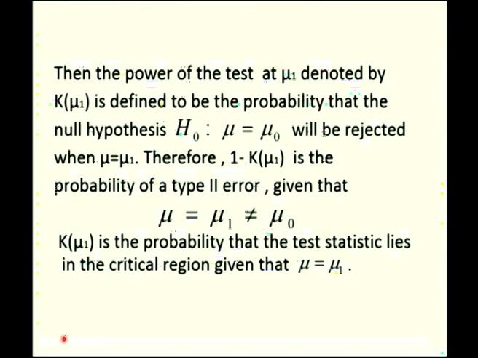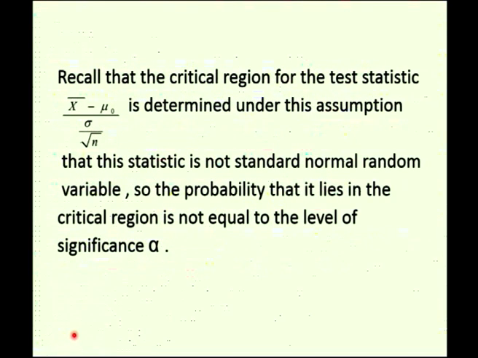It is actually the probability that the null hypothesis will be rejected when mu is equal to mu 1, because H naught is such that mu is equal to mu naught is taken to be true, and it will be rejected when you take mu equal to mu 1. Just recall the critical region for the test statistic.